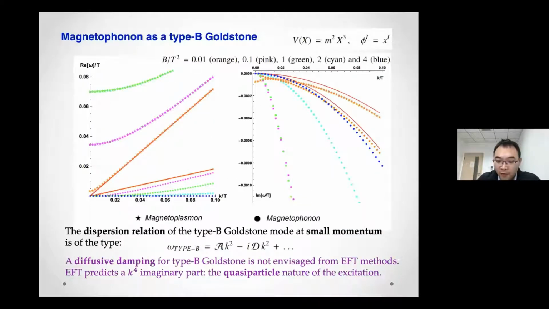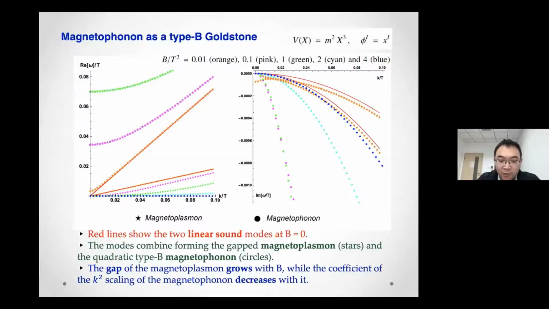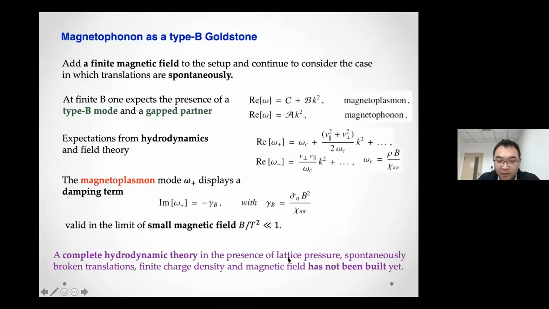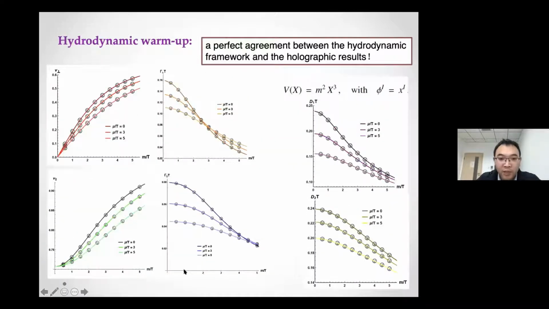If in the future we have a consistent description for this case, in the presence of lattice pressure or broken translation and magnetic field, we can compare our holographic result to this new framework. They should match, just as I introduced for the case without magnetic field, where there is a new improved hydro description.